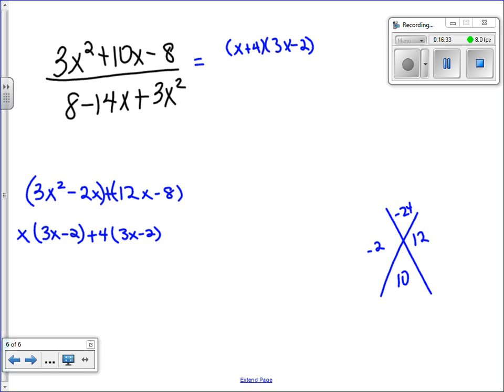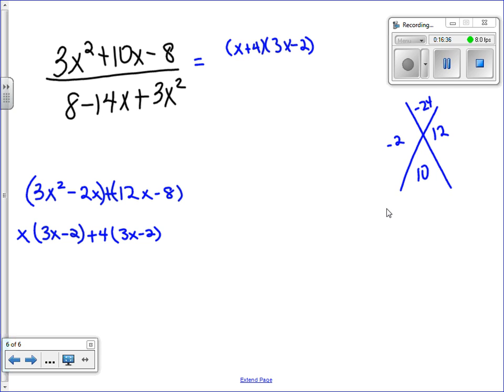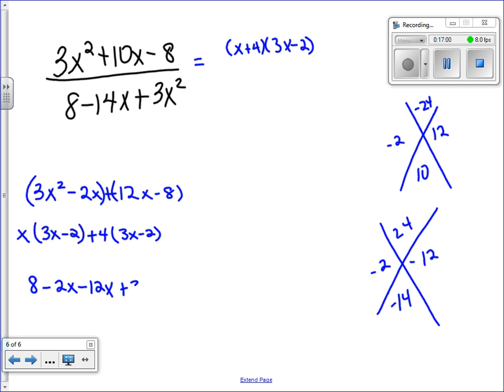Alright, denominator, I need two numbers that will multiply to give me 24 and add to be a negative 14. Negative 2, negative 12. Right, okay. So, 8 minus 2x minus 12x plus 3x squared.